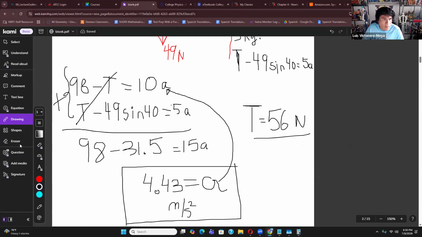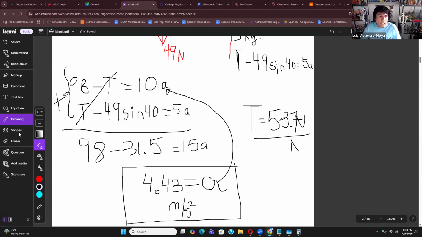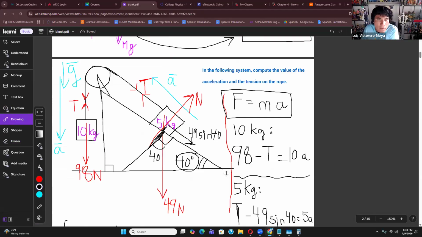And then this will be 53, you said? 53.7. Okay. There. All right, so that will be the answer for this. All right, similar to other problems we've done before. What makes this easier so far is that we are ignoring friction.